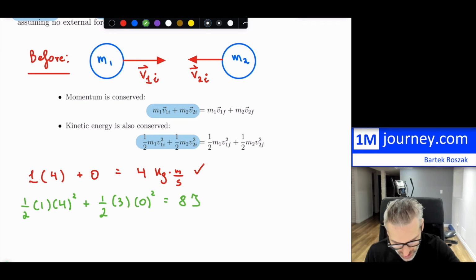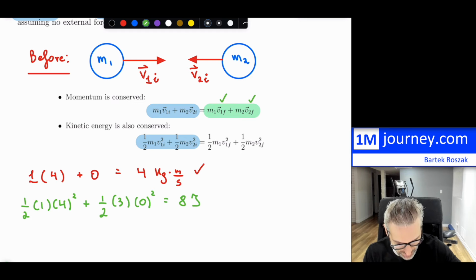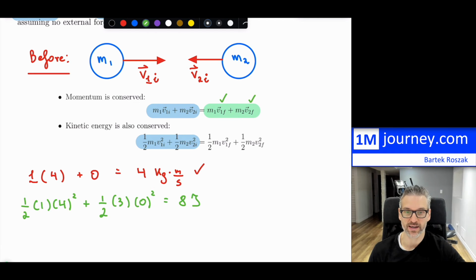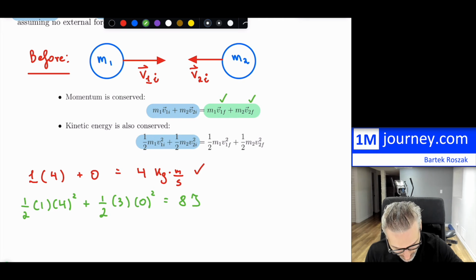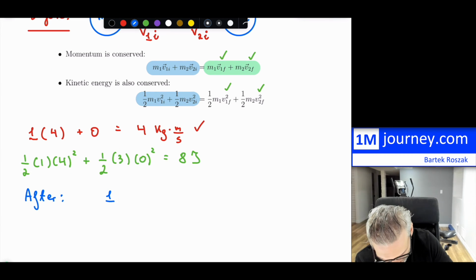I know the masses, but I don't know what these two velocities were, which I have in here, and of course I don't know them in here as well. So I'm going to do that right here.